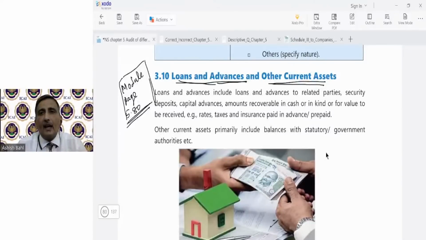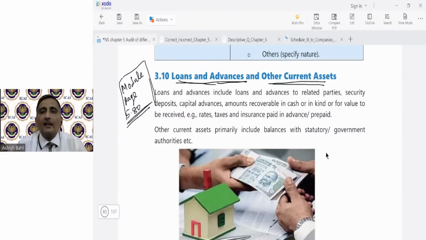An asset is treated as a current asset if it is expected to be realized within a period of 12 months after the reporting date, or within its operating cycle. If nothing is determinable about the operating cycle, then it is taken as 12 months.